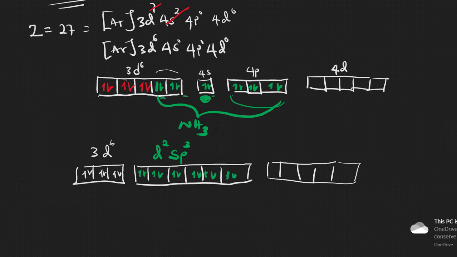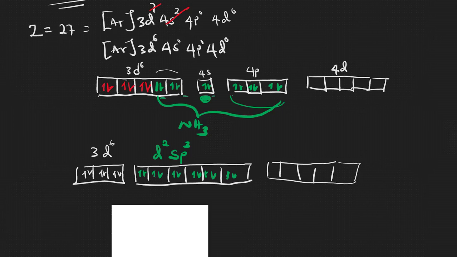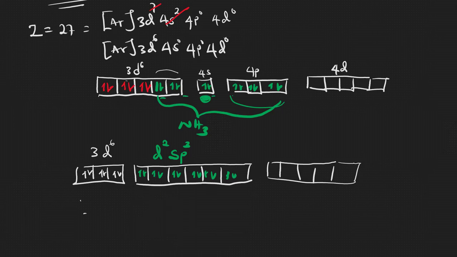So now in this case, the question that we're going to ask is, what is the hybridization? Hybridization is actually d2sp3.